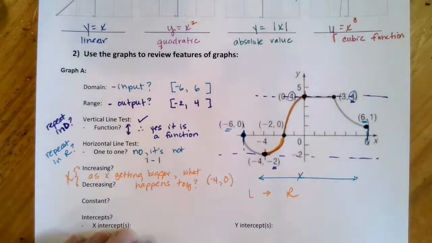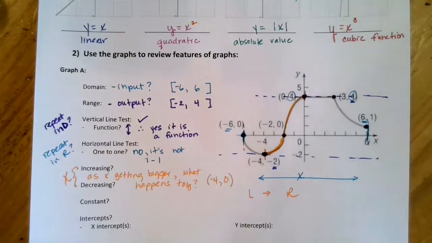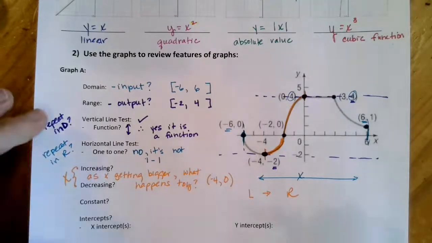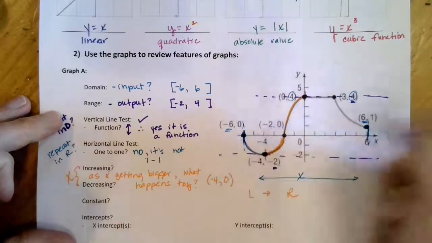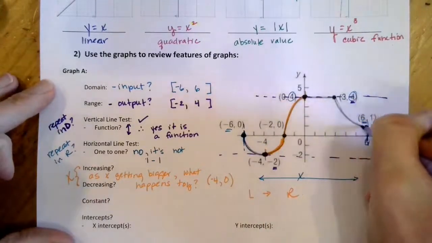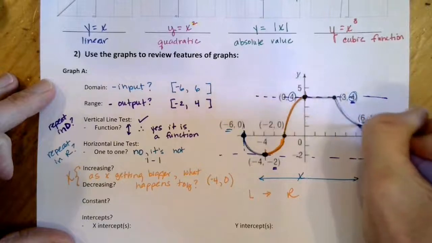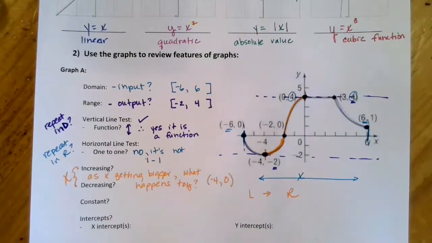When we talk about where it is decreasing, I'm looking at x getting bigger while my output is getting smaller. So while I'm looking at how my input is increasing, I want to look at where that output is getting smaller.